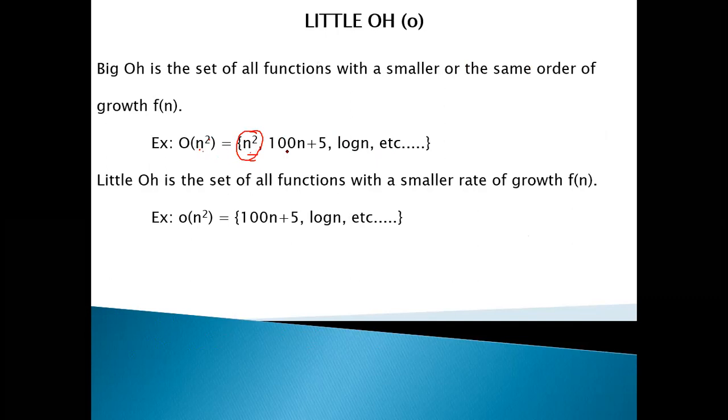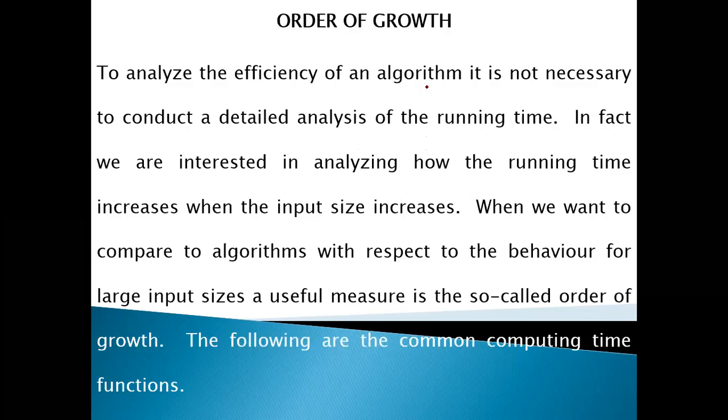This n square is included in this set as one of the values. But for little o, this value is not included, it is not shown here. That means smaller than the rate of growth, whereas Big O is smaller than or equal to that rate of growth. That is the difference between little o and Big O.